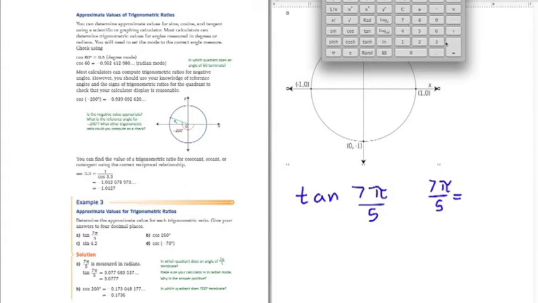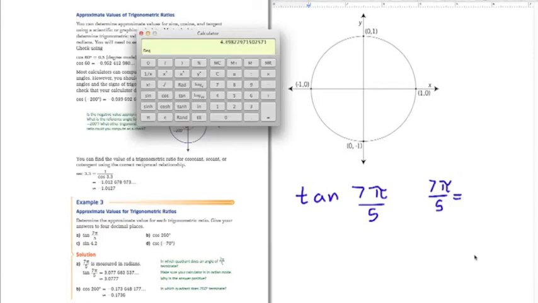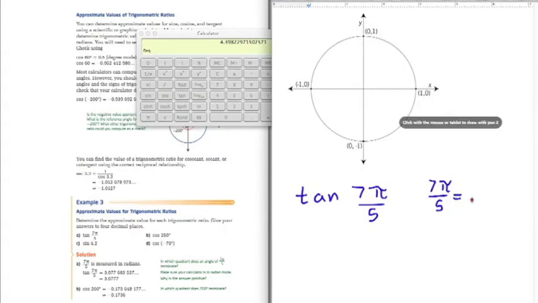Pi times 7 equals some number, divided by 5 is going to give me 4.398. Okay, I'm just approximating that value.